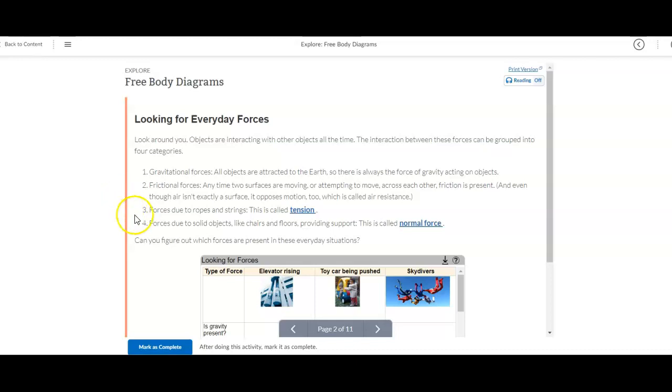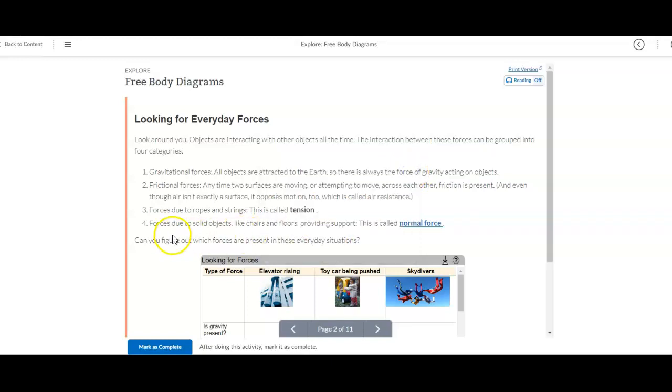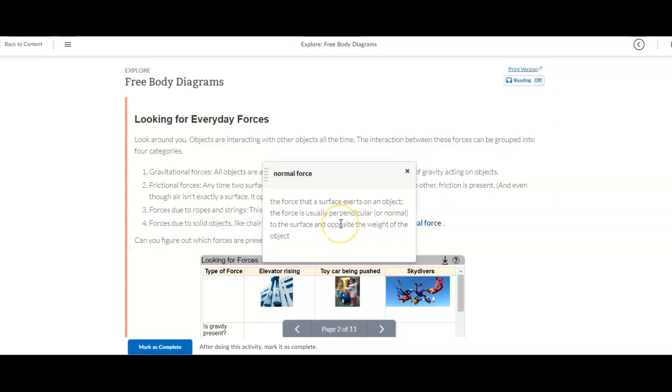So remember, you have these other forces called tension, the force provided by an object, like a string or a rope, like a tension bridge. And then forces by solid objects called a normal force. That's the force that a surface exerts on an object. The force is usually perpendicular or normal to the surface and opposite the weight of the object.